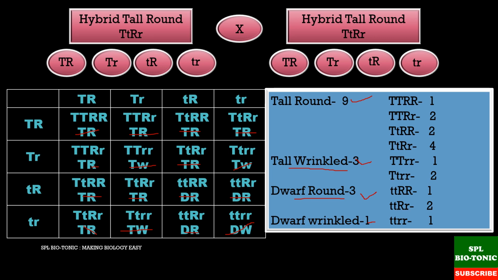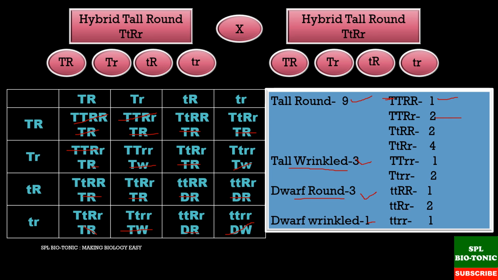Now let us work on the genotypic ratio. The first genotype is capital T capital T capital R capital R. That is repeated only once in the checkerboard, so that is one. Second is capital T capital T capital R small r, which is repeated twice in the checkerboard, so that is 2 times.